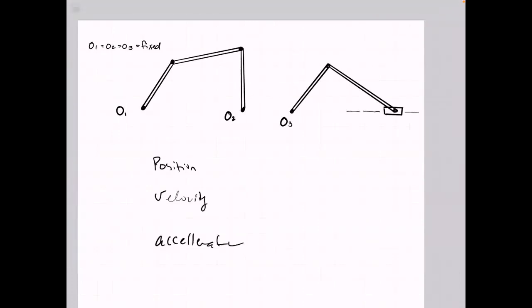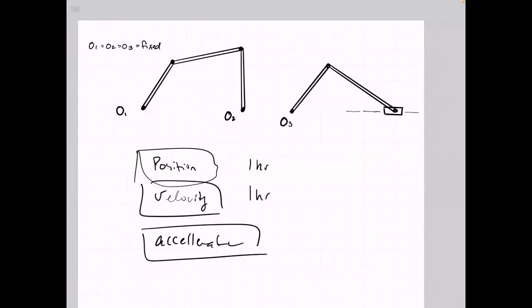If you're feeling overwhelmed in a problem, work on the position, take an hour break, work on the velocity, take an hour break, work on the acceleration, take an hour break. Then we're going to get into the kinetics, and then you'll be done. So don't feel like you have to solve the entire problem in one setting. This is the advantage of starting it early if you can. I know that we don't all have the luxury of doing that.